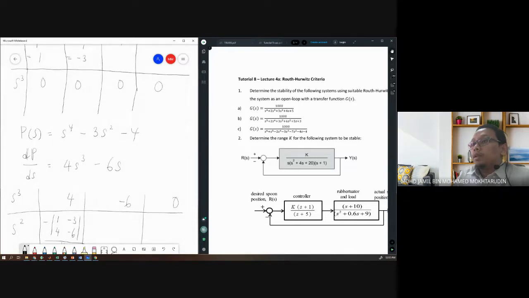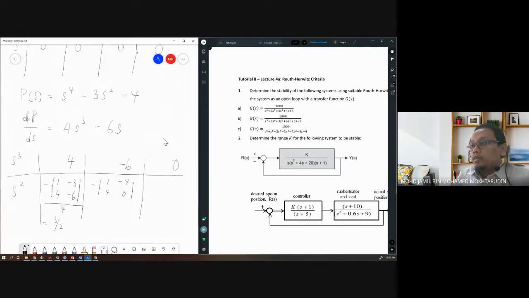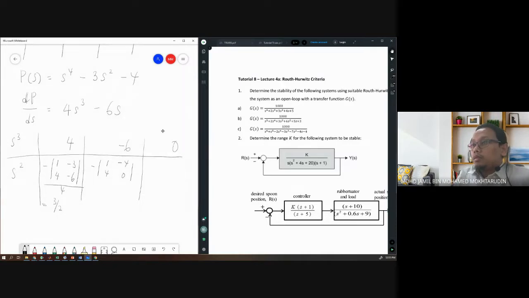And then this one. So you get minus 4. And then continue for row S1.